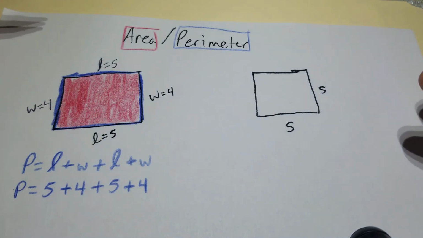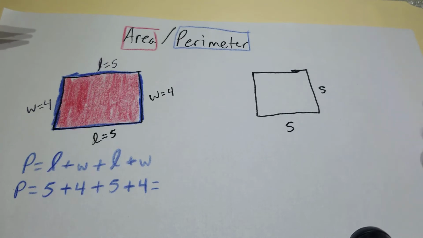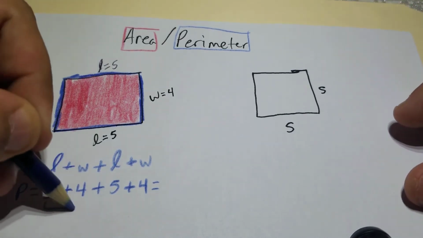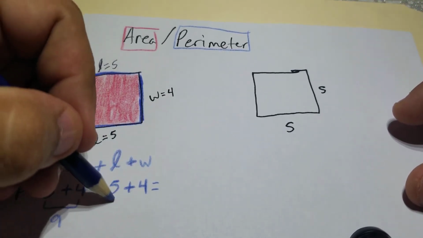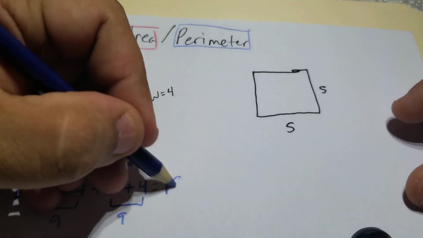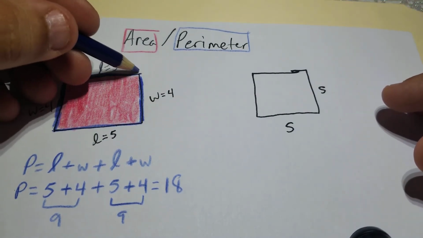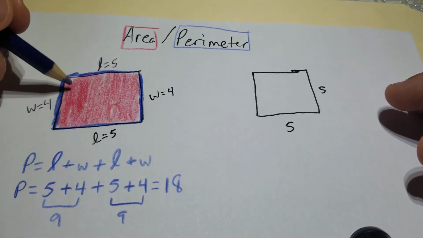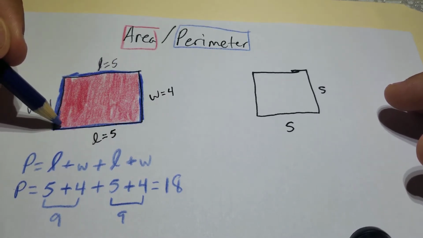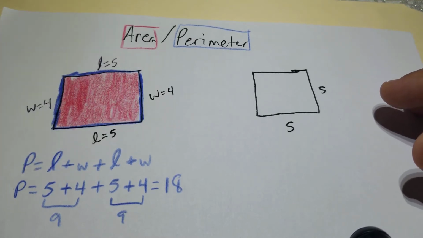So all you have to do is add those lengths together. So 5 plus 4 is 9, 5 plus 4 is 9, and 9 plus 9 gives you 18 units. So that means you'd have 14, 18 going around.